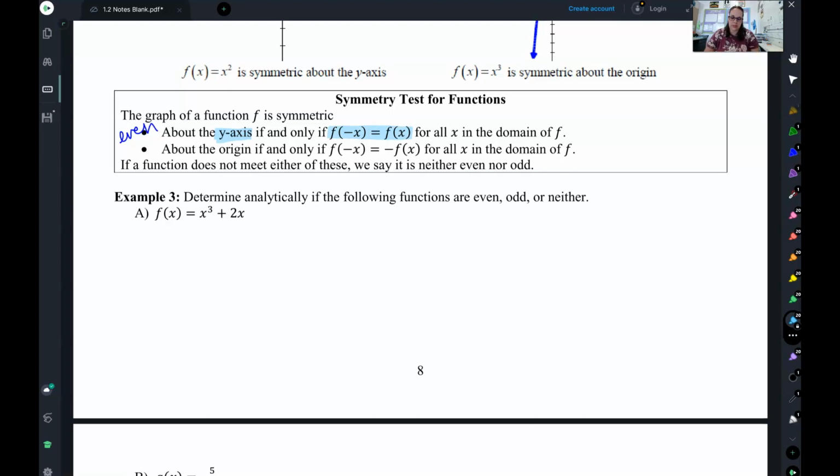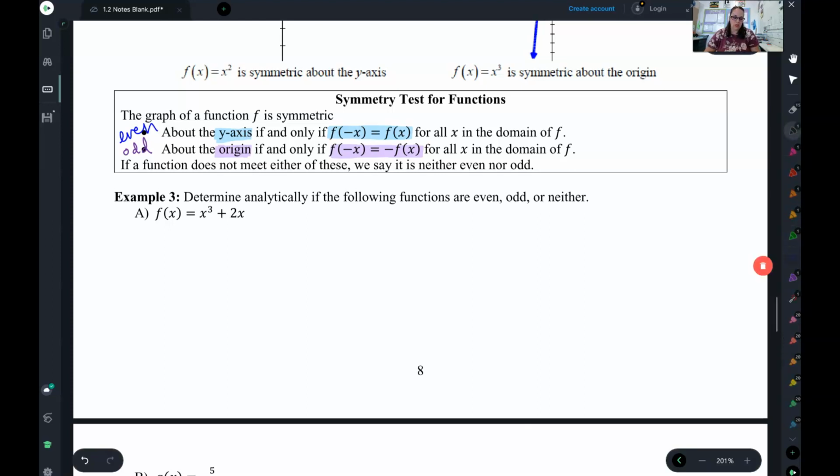And we'll show you an example of that in just a second. It is symmetric about the origin, or odd, if f of negative x equals negative f of x. And once again, I'll give you an example of that in just a minute. If it doesn't meet either of those requirements, we say it's neither.